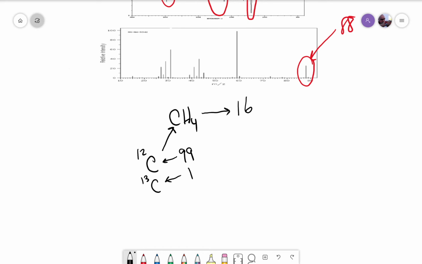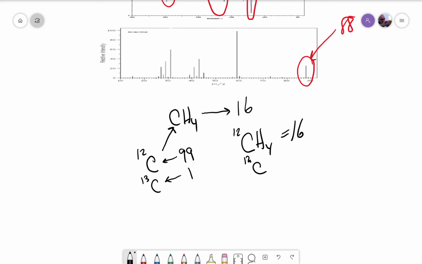That means if I took a statistical number of methane molecules and threw them into a mass spectrometer, I should have mostly things that weigh 16. 99 out of 100 would be molecular weight 16.